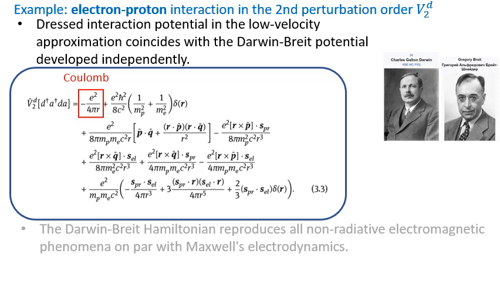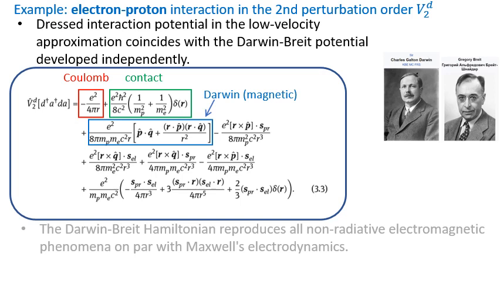The strongest part is the Coulomb potential. Then there is a contact interaction. As it is proportional to the delta function, this interaction is extremely short range, so it has no effect in classical electrodynamics.